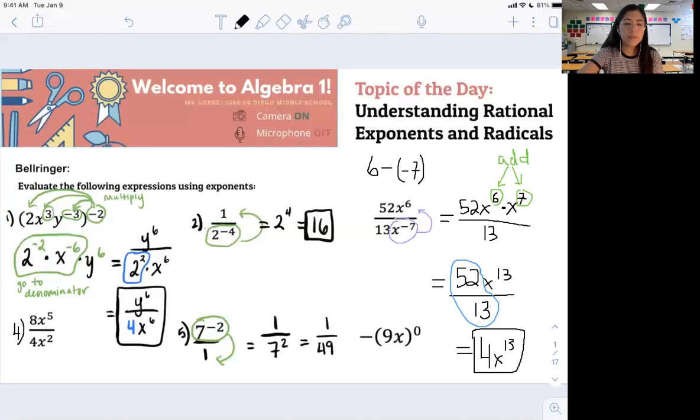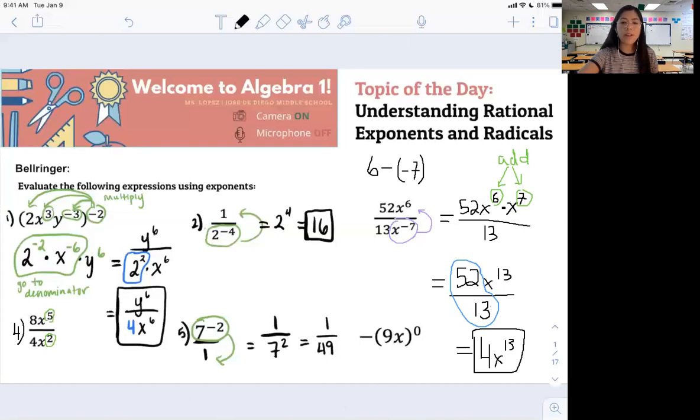So in number 4, very similar situation, right? You've got x's on the top and the bottom, and since we have matching variables, we are able to subtract those two numbers. This is where you have to be a little bit careful, because I have a 5 and a 2. Am I doing 5 minus 2 or 2 minus 5? 5 minus 2, top minus bottom. So we can do that.